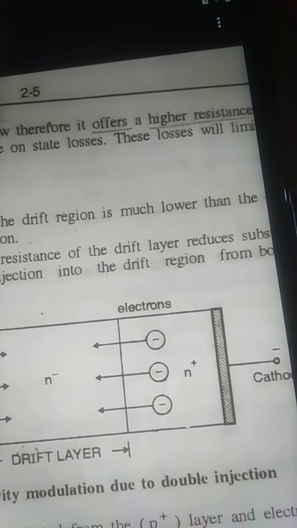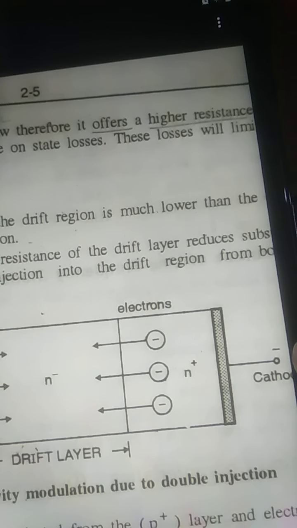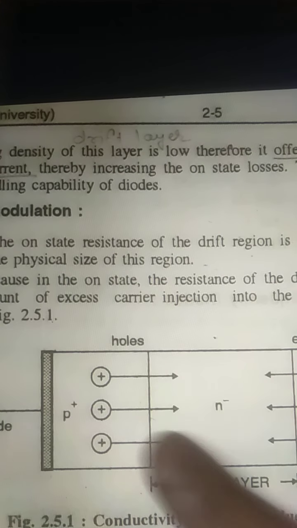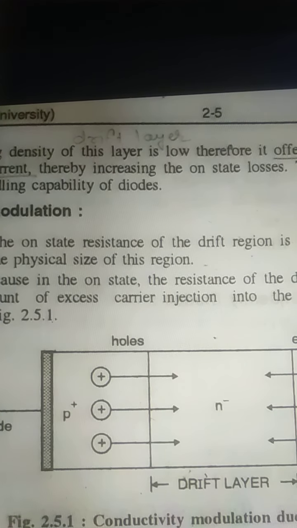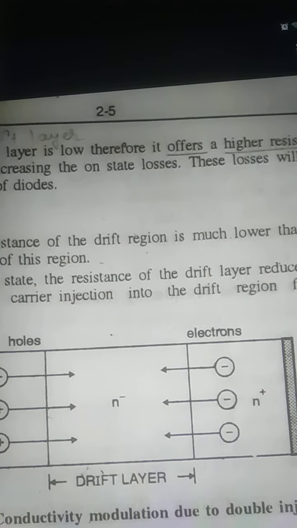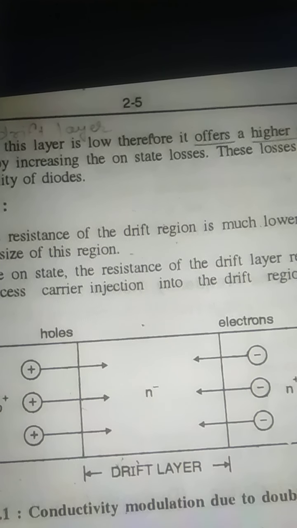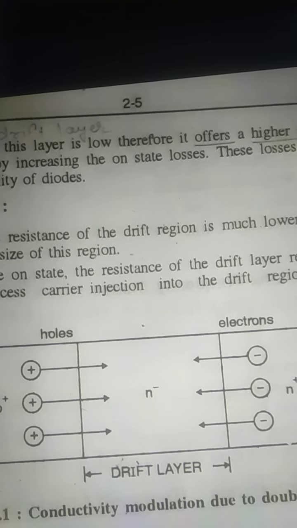The negative terminal of the battery is connected to the cathode and repels the electrons, and the positive terminal repels the holes inside the p type material, and hence the resistivity of this n minus layer will decrease and conductivity will increase, which will make the diode conduct.